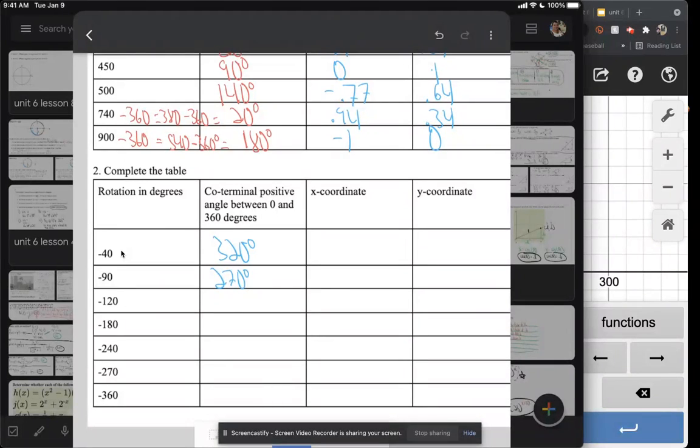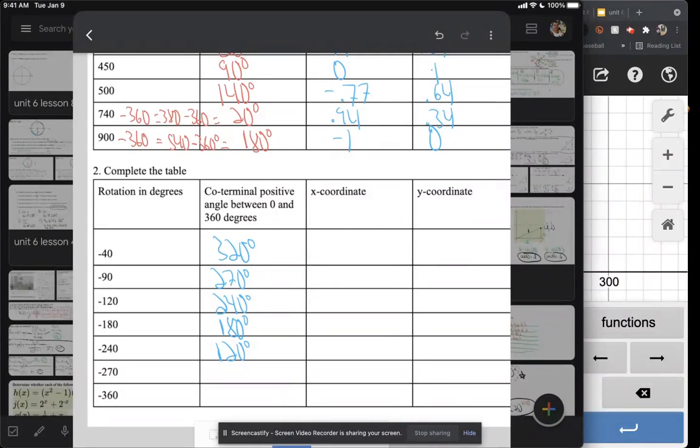So negative 120 plus 360 is 240 degrees. Negative 180 plus 360 is positive 180. Negative 240 plus 360 is 120 degrees.